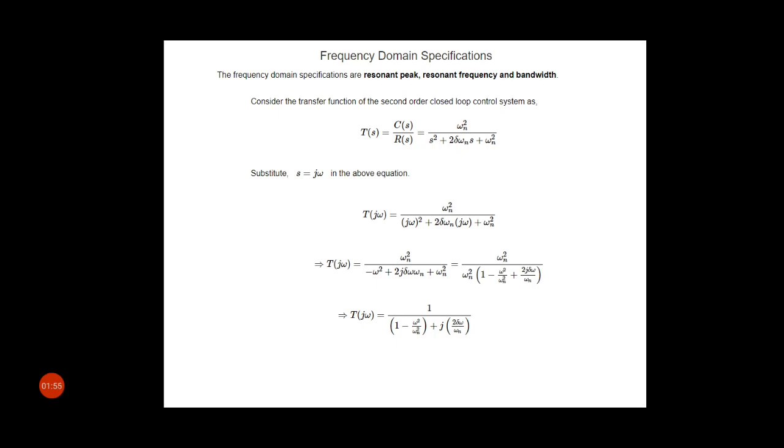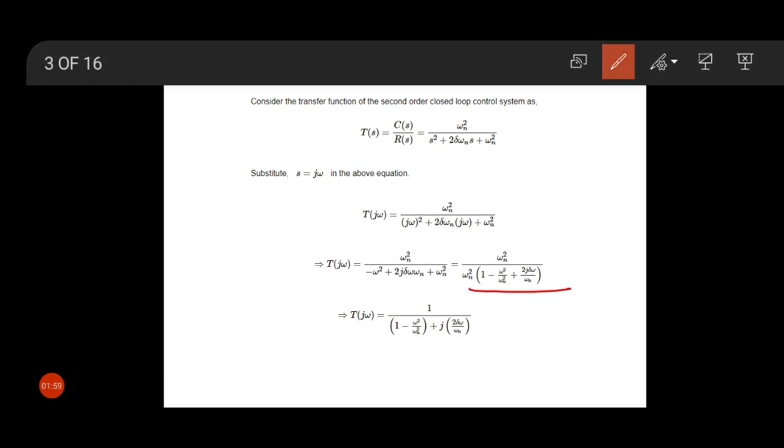Okay, now in this part we take omega_n square common, so the transfer function T(j omega) equals omega_n square divided by omega_n square into (1 minus omega square by omega_n square plus 2j zeta omega by omega_n).